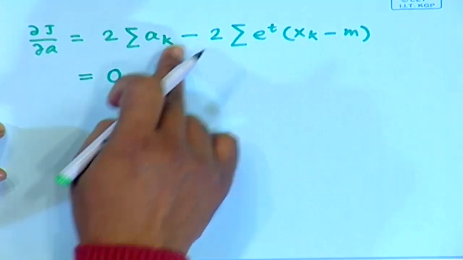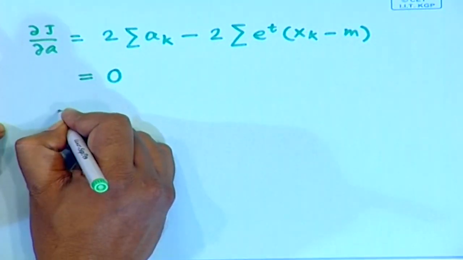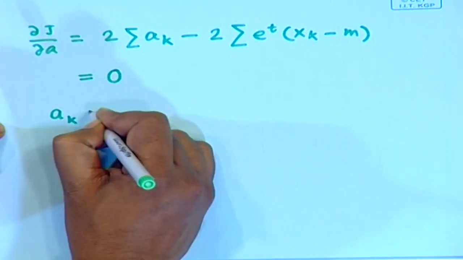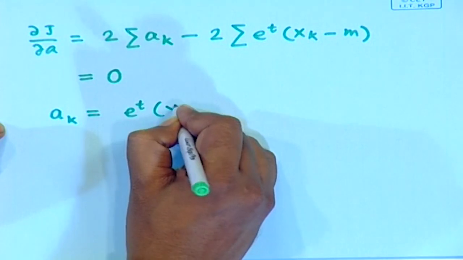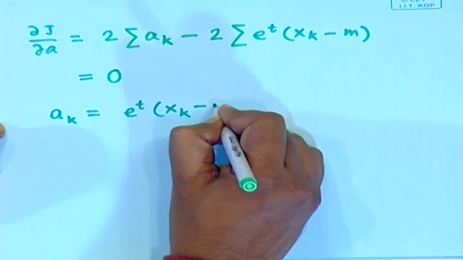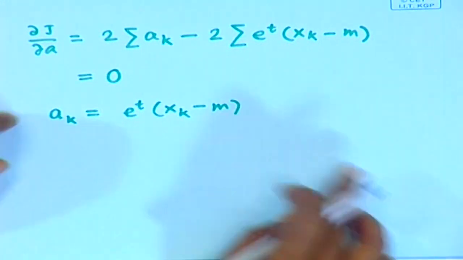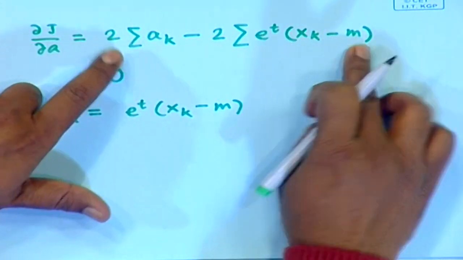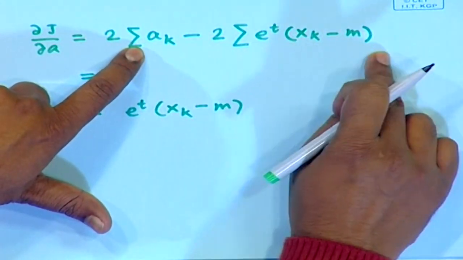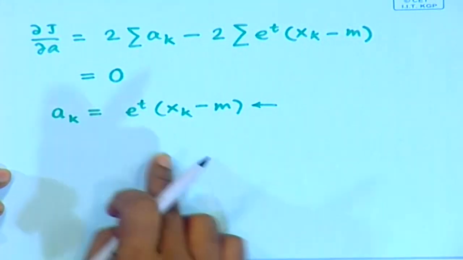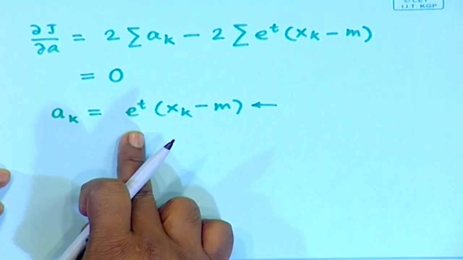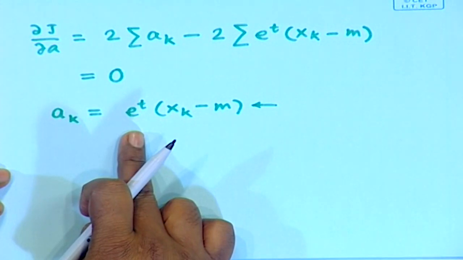Okay. So, when I equate this to 0, I get simply a_k is equal to E transpose (x_k minus m). Now, what is this? E is a unit vector in the direction of the line, right.